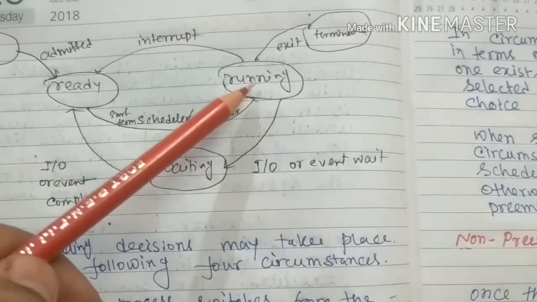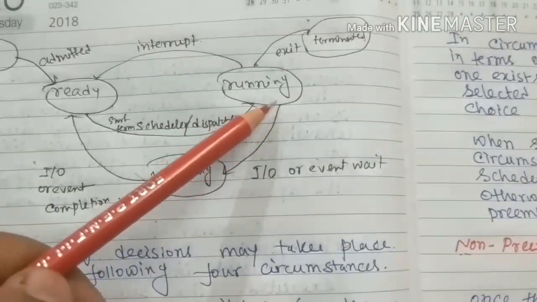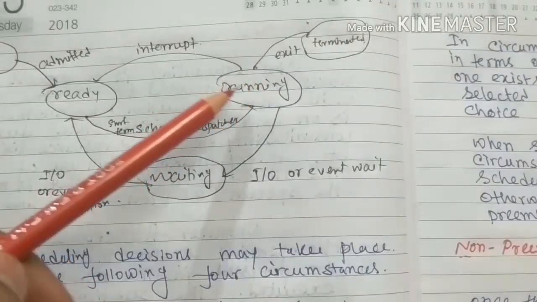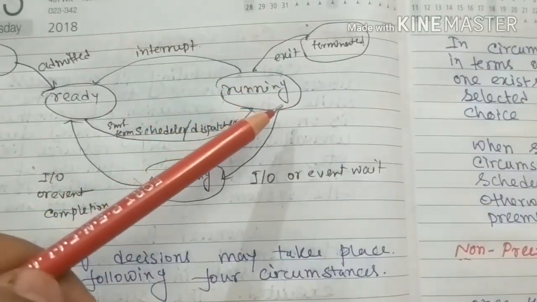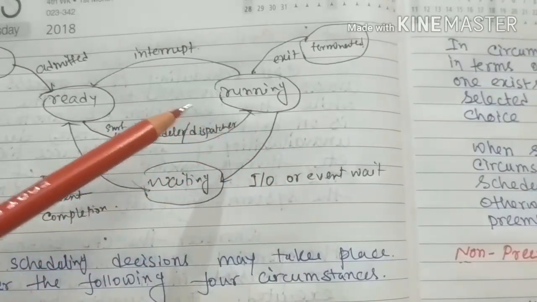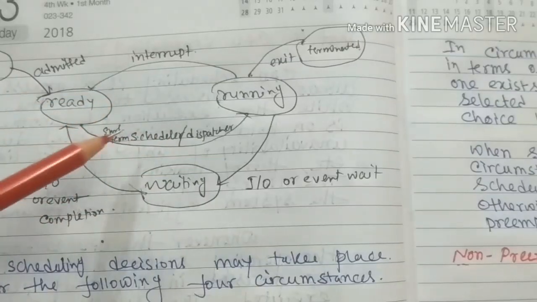Now in the first case, when a process moves from the running state to waiting state, or in the fourth case, when a process terminates, there is no choice in terms of scheduler. In this case, the scheduler has no choice, as this process is no longer in the ready state.